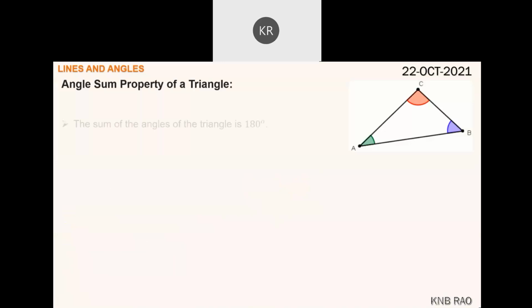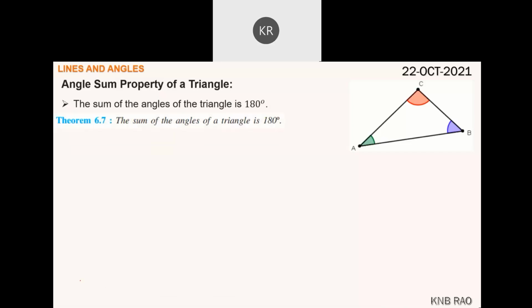So the angle sum property tells that the sum of angle A, angle B, angle C in a triangle ABC is equal to 180 degrees. The question comes: how to prove it?